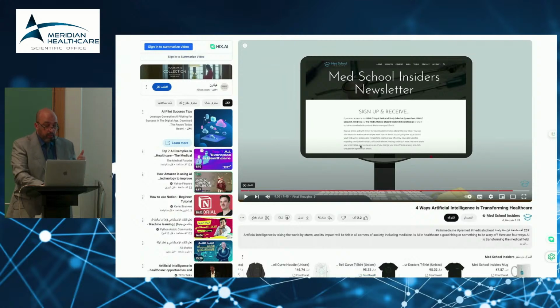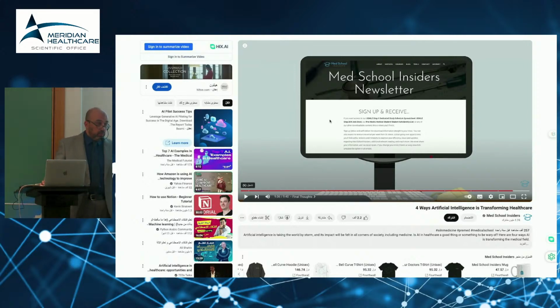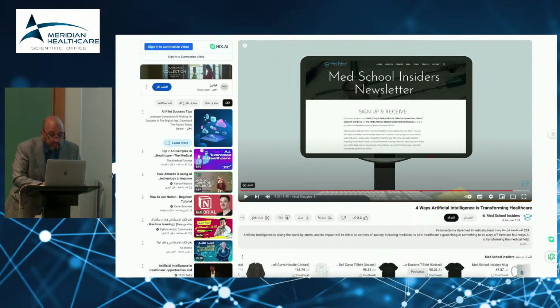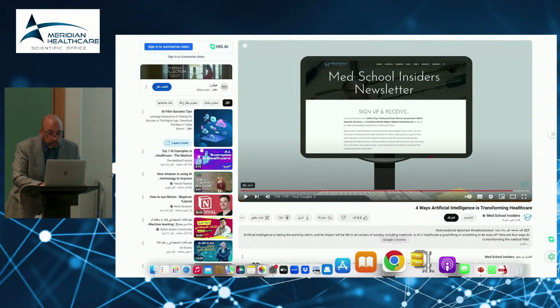Notion AI has an application on the mobile, so you can have it on your mobile or on its website, and all the facilities are present in both.